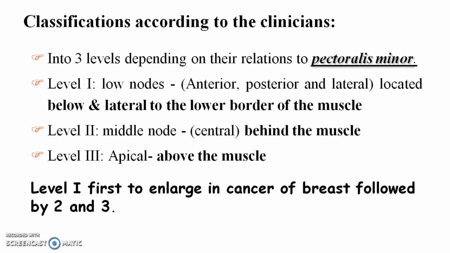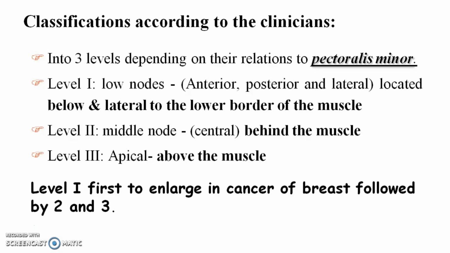We are dividing this into 3 levels in relation to the pectoralis minor muscle. At level 1 we have low nodes such as anterior, posterior and lateral, which are located below and lateral to the lower border of the pectoralis minor muscle. At level 2, the middle node, the central group is seen just behind the pectoralis minor muscle.